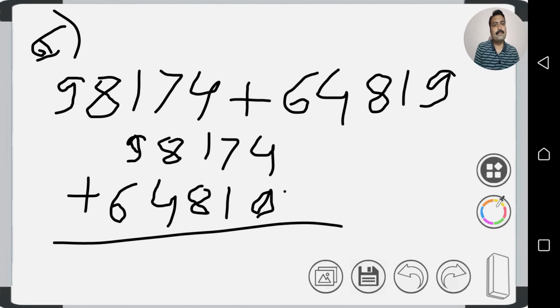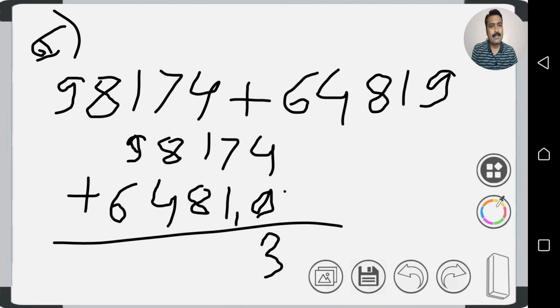So after the proper vertical arrangement, now we have to start from the ones column, that is digits at ones place. So 4 plus 9, we get the answer as 13. So for 13 we write here 3 and 1 we take as a carry into the next addition.